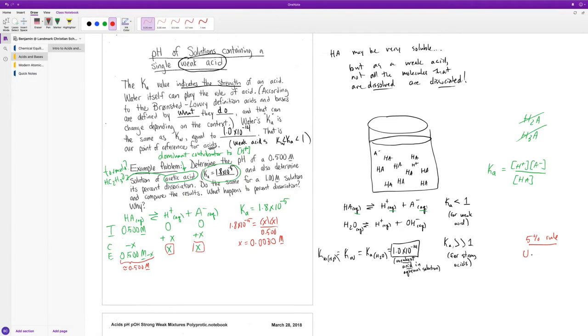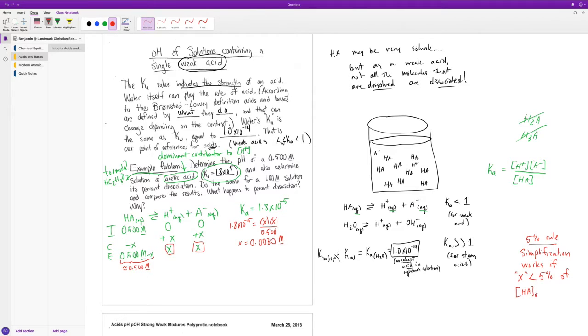The simplification I just showed you works if x is less than 5% of the original concentration of HA.